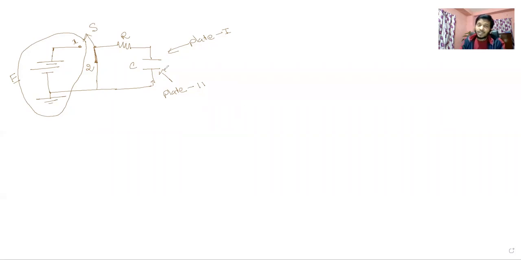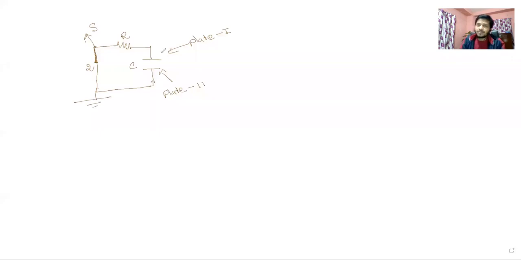Suppose that we have charged our capacitor completely. Then let me erase this portion of the network at first, because this portion has no effect now. It is connected to the ground.